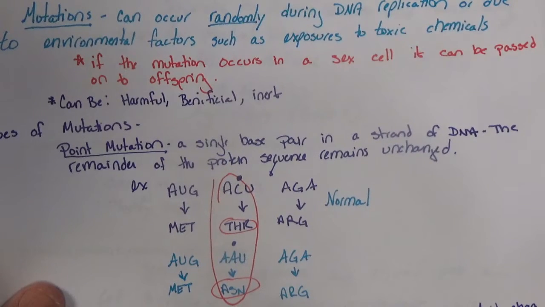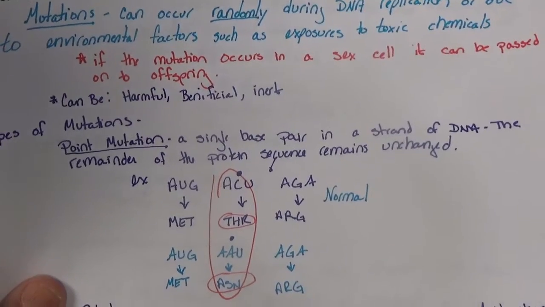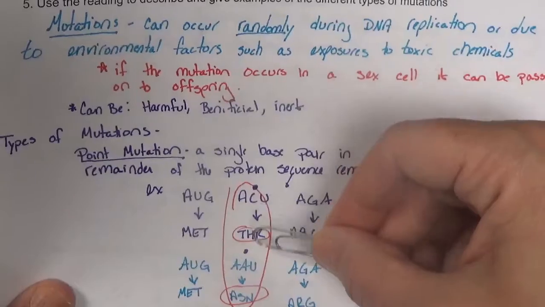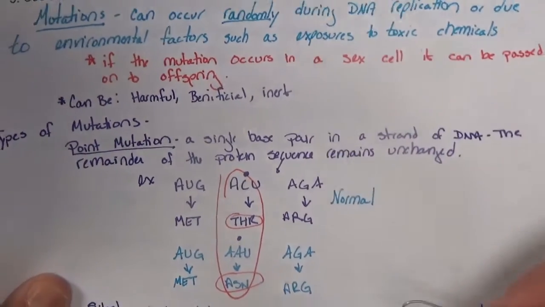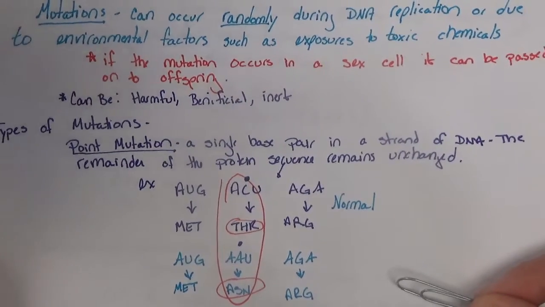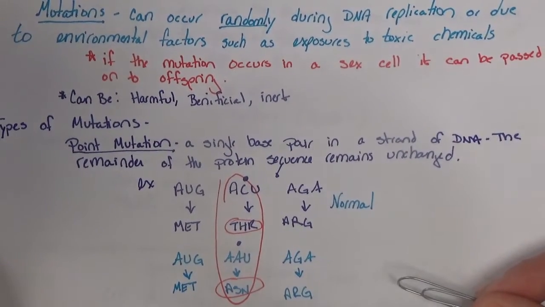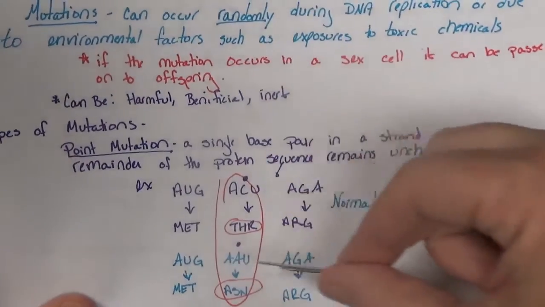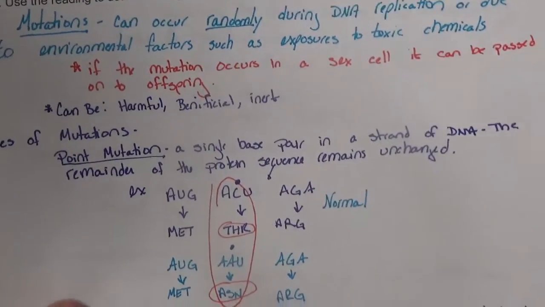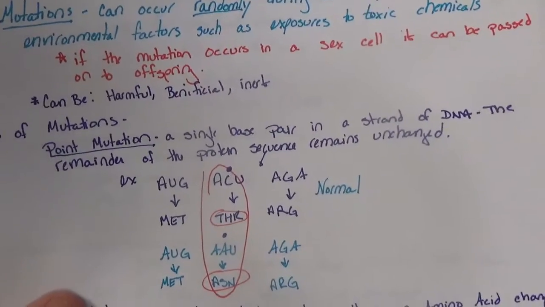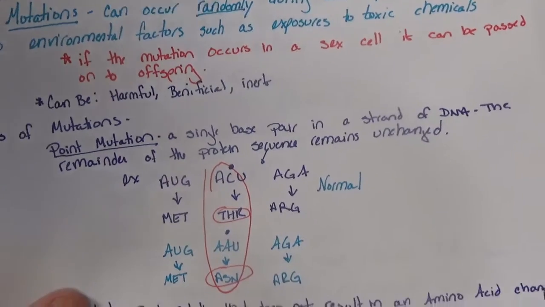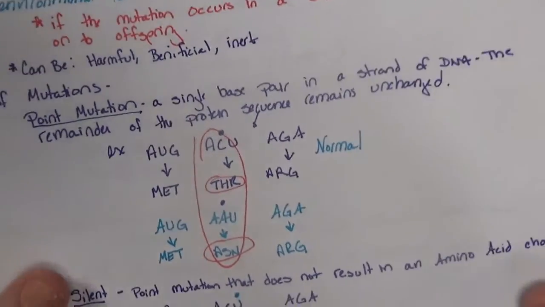That's the normal sequence. The nucleotide that's changed here is the C, gets replaced with an A by accident. That's your mutation. This is going to result in MET, ASN, ARG. The rest of this sequence is going to stay the same. Nothing's going to change with the rest of the sequence. The change is only occurring at this single point, so that's why it's called a point mutation.